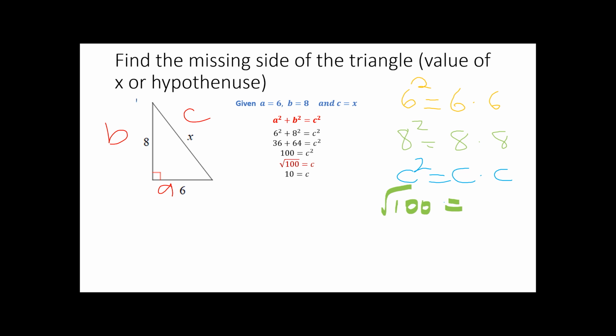What two same numbers multiply to give you 100? It's 10 times 10. So if we do the square root of 10 to the power 2, these two cancel out. We are left with 10. Okay, so our largest side, the hypotenuse, is 10.